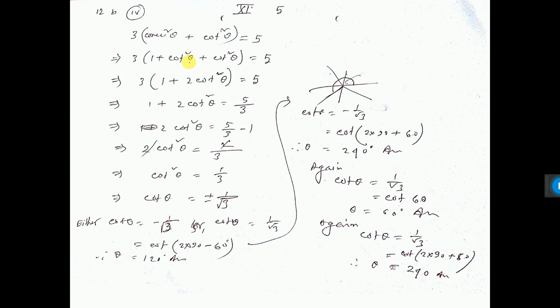Next is cosec square equal to 1 plus cot square. 3 will go that side, 5 by 3. 1 will go that side. So after LCM we are getting 2 by 3, 2 to cancel. So cot square theta equal to plus minus 1 by 3. You see here I have taken either cot theta minus 1 by root 3 or plus 1 by root 3.